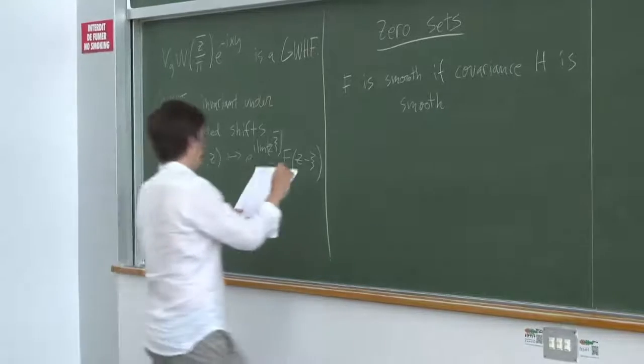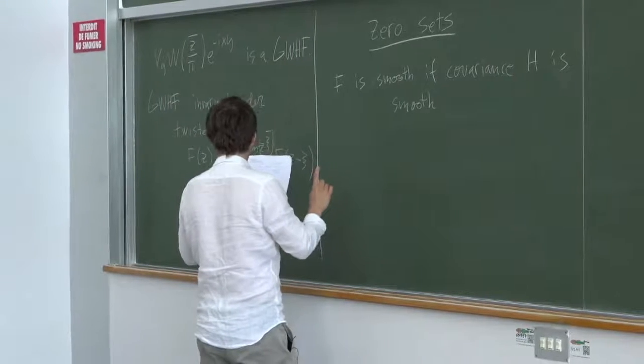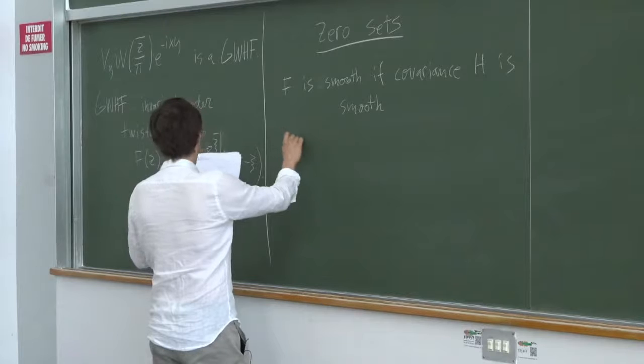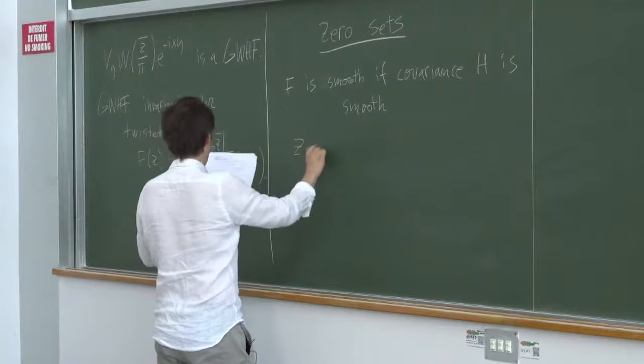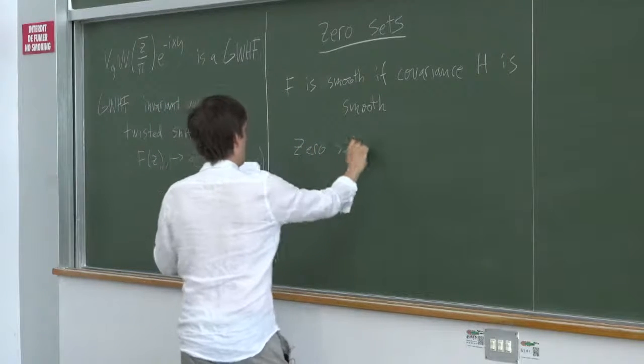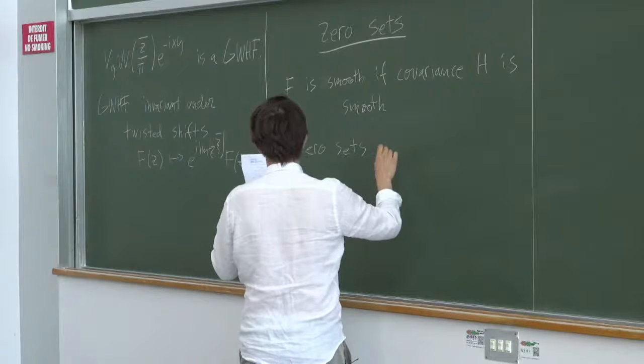So another fact from textbooks is that zero sets of those guys are isolated points.